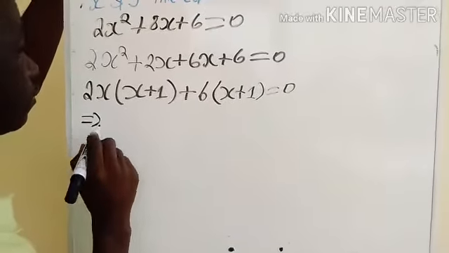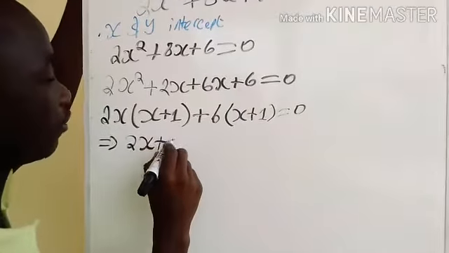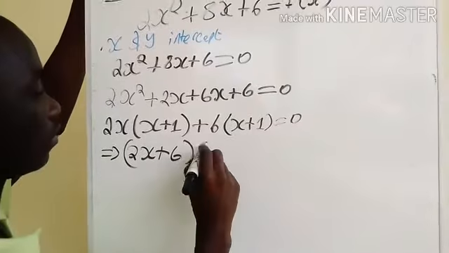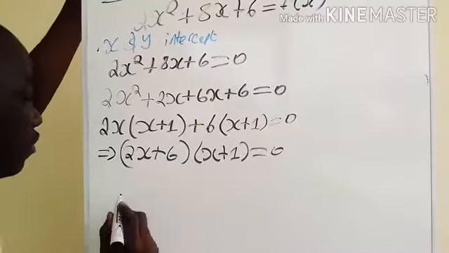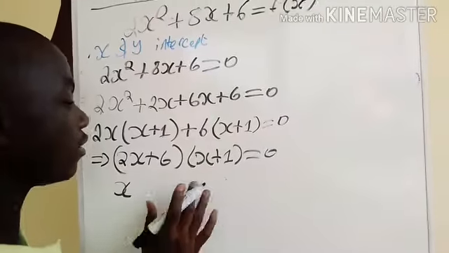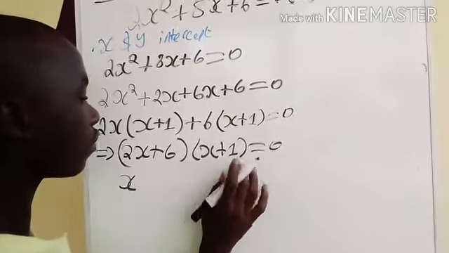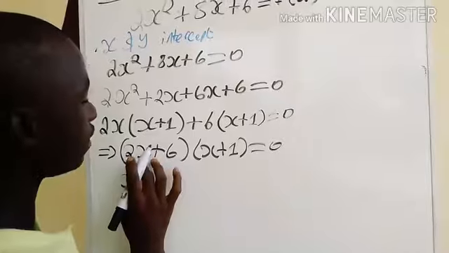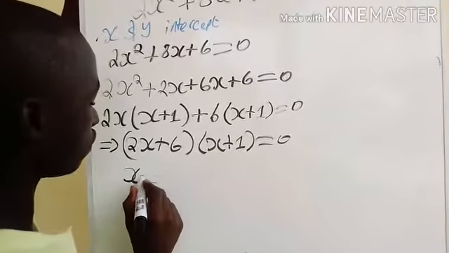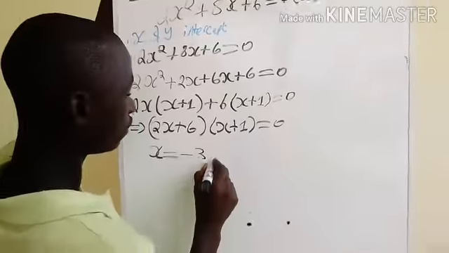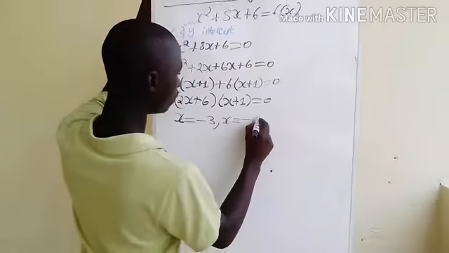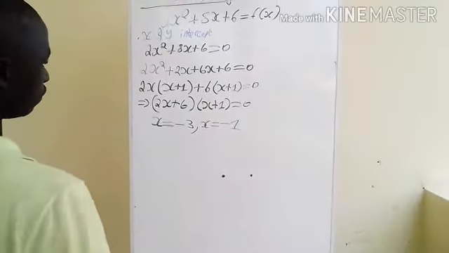So this implies that we have 2x plus 6, times x plus 1, is equal to 0. Remember, since these factors multiply to 0, you put each factor equal to 0. So doing that and simplifying everything, we're going to have x equals negative 3 and then x equals negative 1.